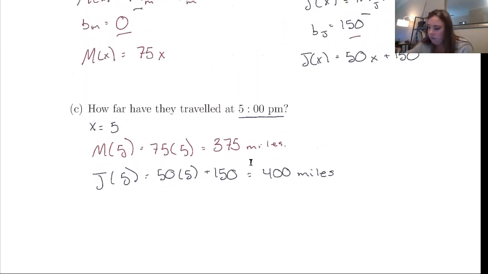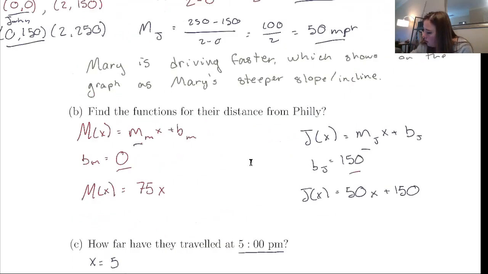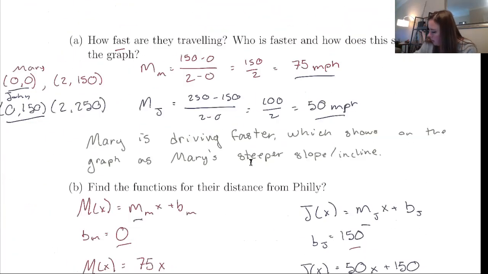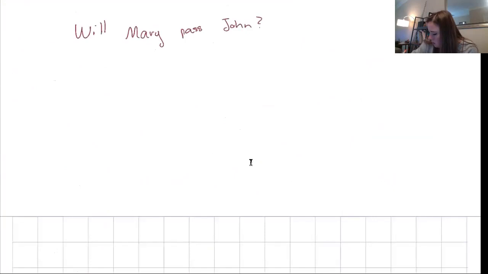What do you guys think? Yeah, right? So eventually, going on and on, their paths are going to cross. And we'll talk more about that in the following sections because we are done with this one.